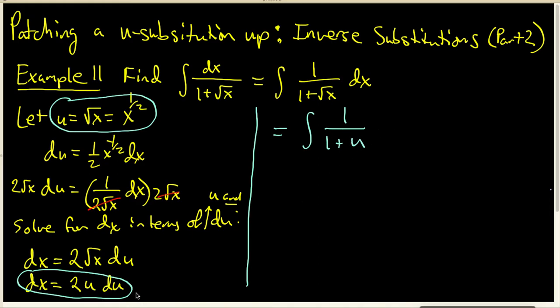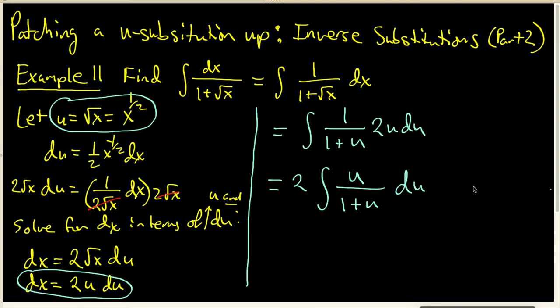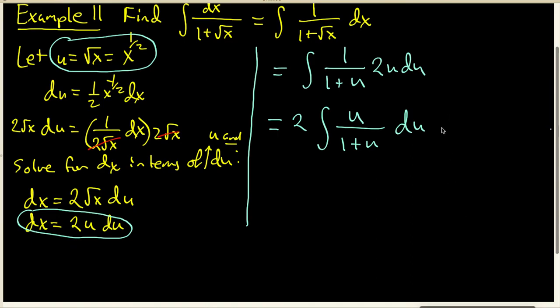And now I'm going to come down here and get dx, which is nothing more than 2u du. I can clean this integral up, and it's 2 times the integral of u over 1 plus u du. And at this point, we've looked at this one.